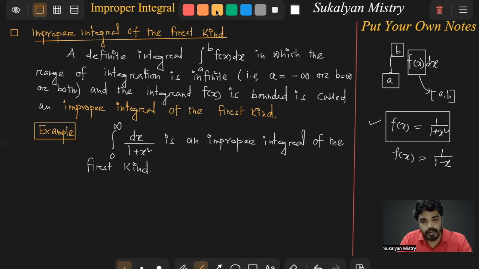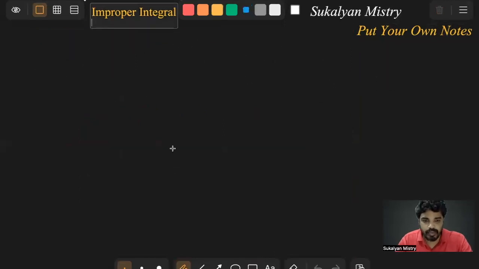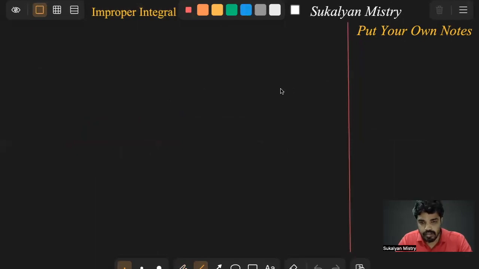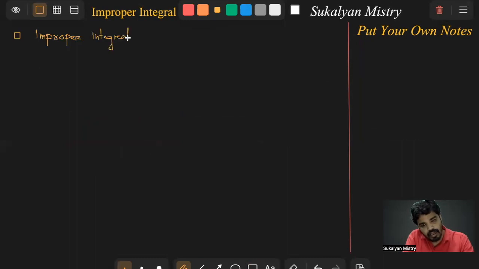So now we discuss about improper integral of second kind. Improper integral of the second kind.